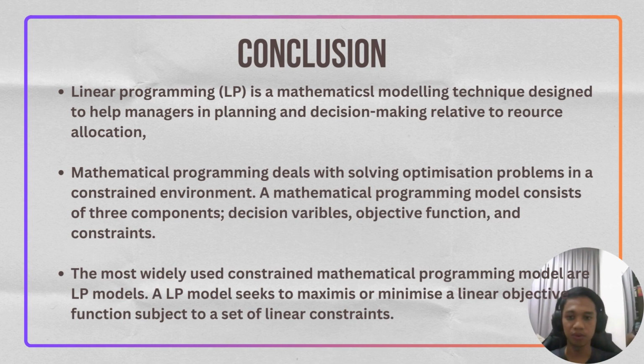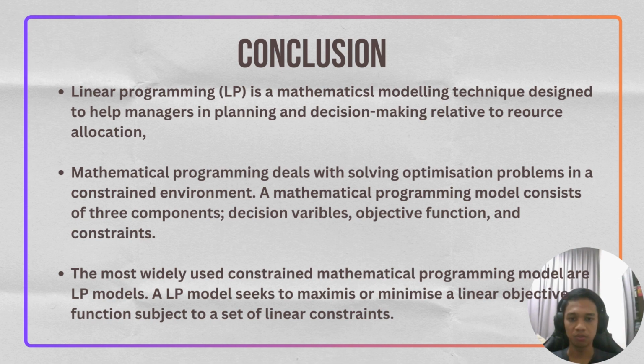So, the conclusion for linear programming. Firstly, linear programming is a mathematical modeling technique designed to help managers in planning and decision making relative to resource allocation. Secondly, mathematical programming deals with solving optimization problems in a constrained environment.